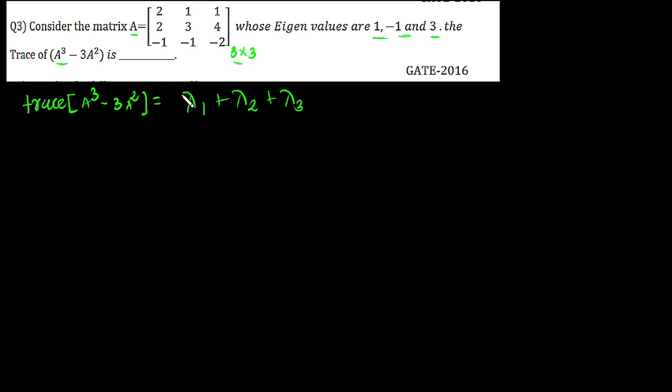The values of lambda 1, lambda 2 and lambda 3 are unknown for us. So first of all we have to find the values of these 3 unknowns. To do this we have to take the help of the eigenvalues corresponding to this matrix A.